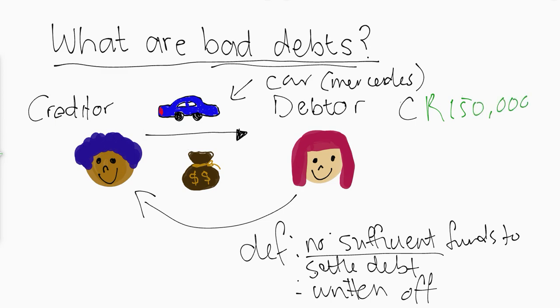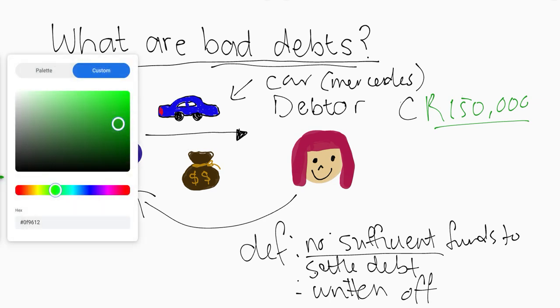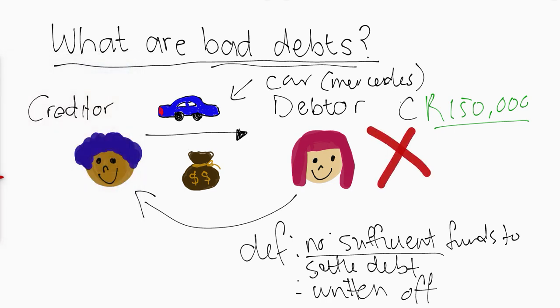The debtor does not have the 150,000 rand and they went broke, so they couldn't pay off that 150,000 rand. So what's going to happen is that the Mercedes-Benz company is going to write it off as a bad debt in the books.